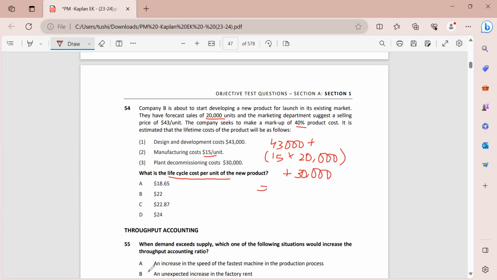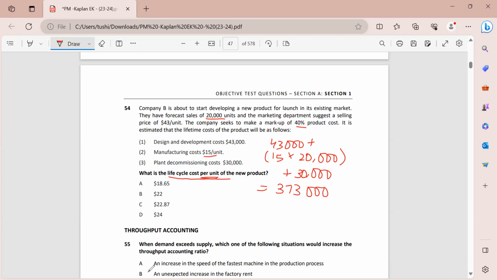So if I total all of these costs up, 15 into 20,000 gives me $300,000, then $43,000, and then $30,000. If I add all of these up, I get $373,000. So this is my total lifetime cost.